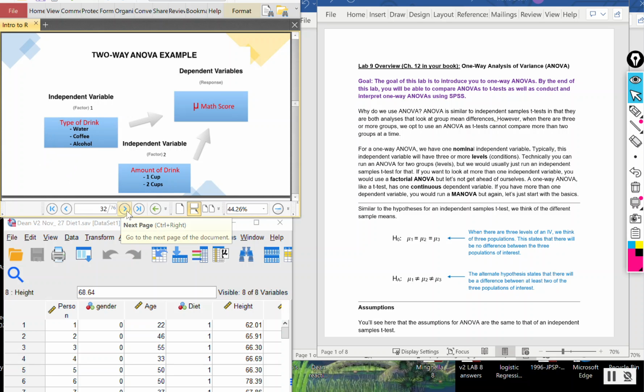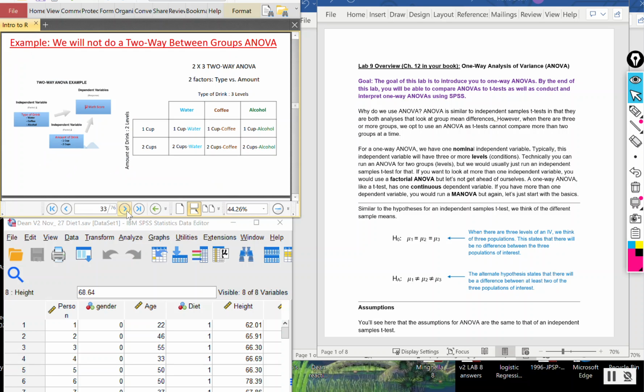So with that in mind, let's move on. If we had these two independent variables, amount of drink, which has 2 levels, 1 cup and 2 cups, and type of drink, which has 3 levels, we would need to create a factorial table. I don't know if that's an official way of saying it, but that's how I'm going to describe it. We have a 2 by 3 two-way ANOVA: 2 levels for amount of drink, by 3 levels for type of drink.